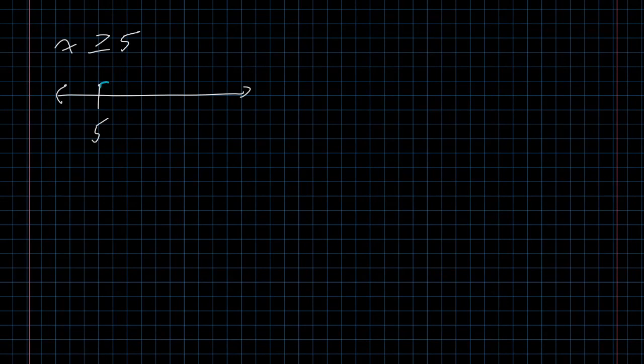It includes 5, so I'll use a square bracket there. And then it continues onward without bound. It doesn't end. This is an unbounded interval.